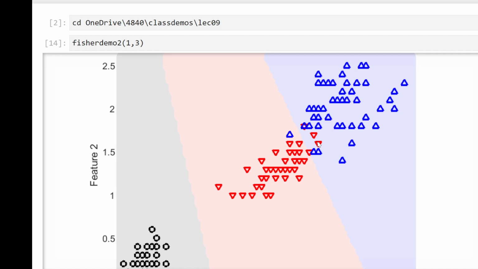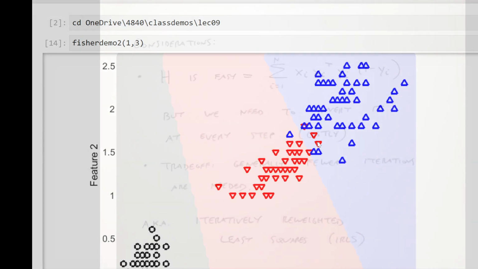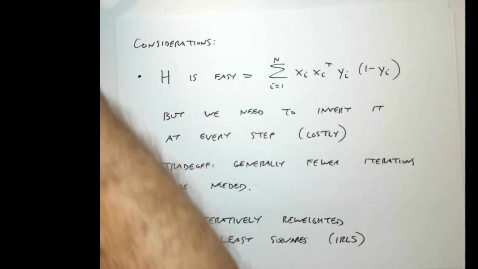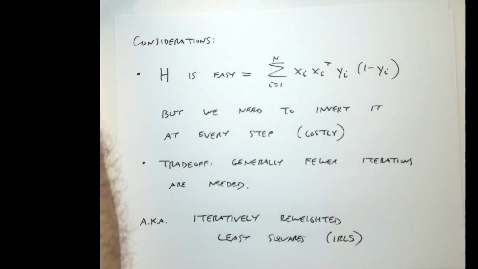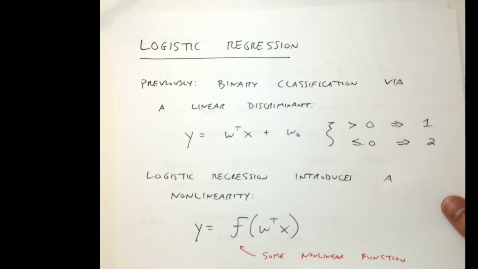Now, in the same way, we could use logistic regression to find nonlinear decision boundaries by putting another nonlinearity in the mix, right? So, for example, I could go all the way back to the very beginning slide, right?